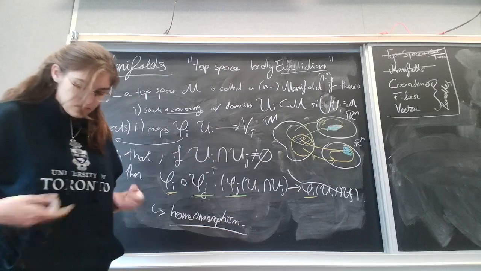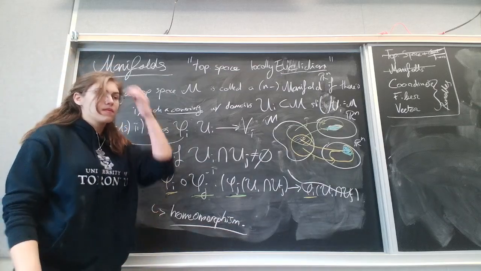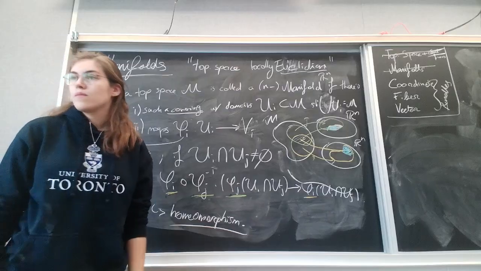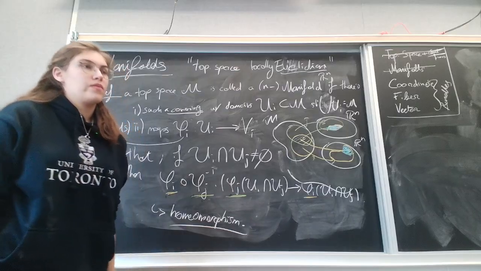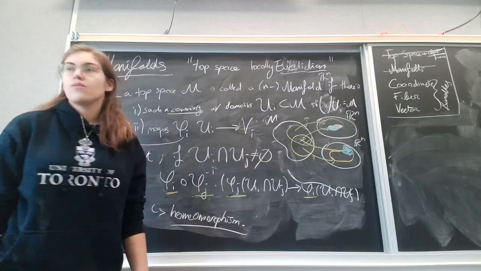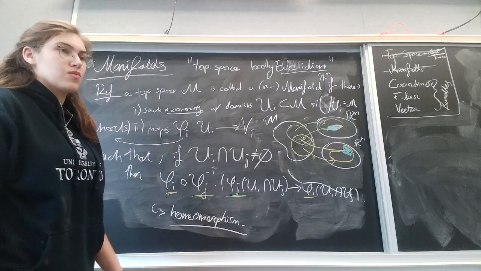Then inside of the open set in Rn there are smaller open sets, like smaller balls that would fit inside. That means there have to be corresponding smaller open sets inside the Ui.